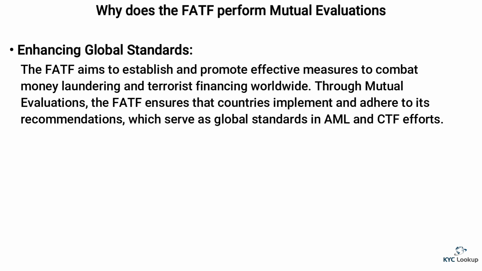The FATF aims to establish and promote effective measures to combat money laundering and terrorist financing worldwide. Through mutual evaluations, the FATF ensures that countries implement and adhere to the recommendations, which serve as global standards in AML and CTF efforts.